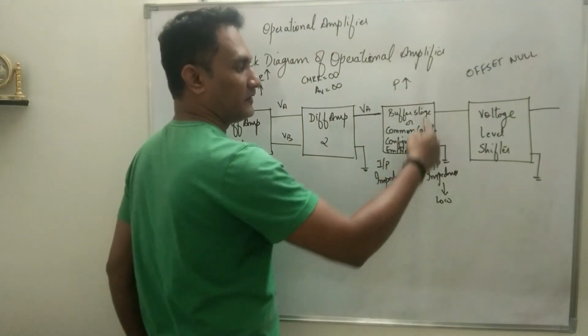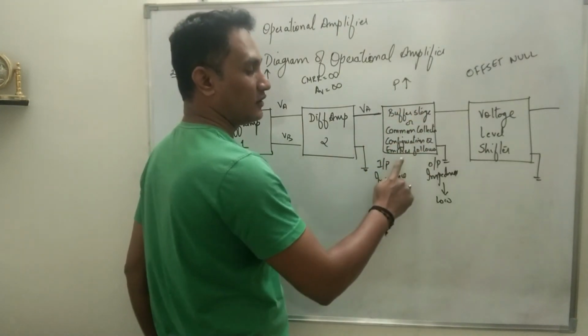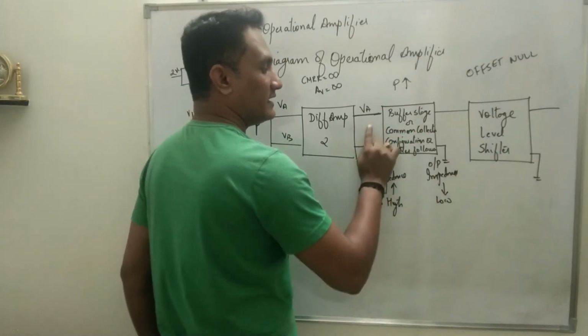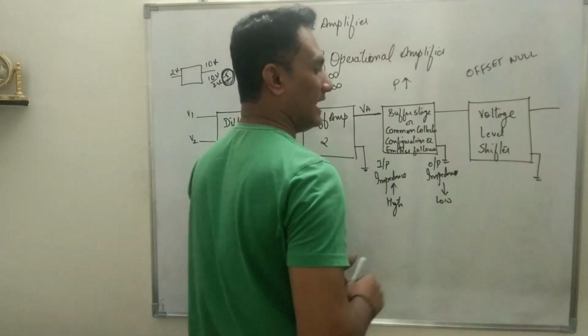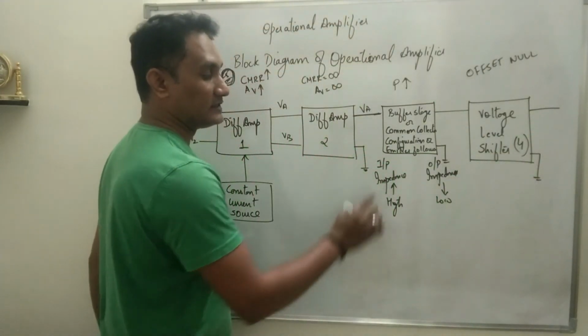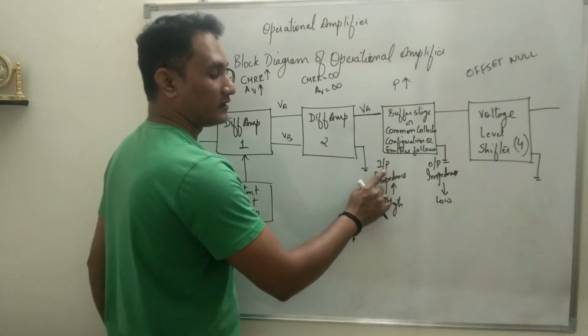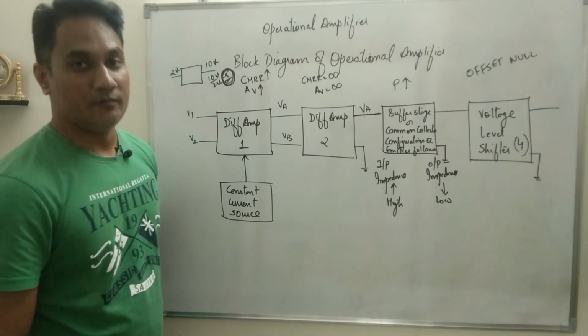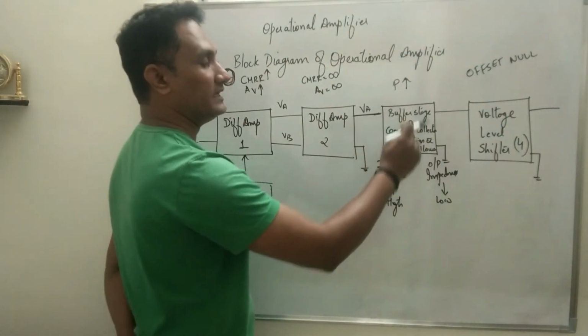So basically the buffer stage, or the common collector configuration, or the emitter follower, matches impedance between the second stage and the fourth stage, which is the voltage level shifter, because the common collector configuration has high input impedance and low output impedance, so it is used for impedance matching.